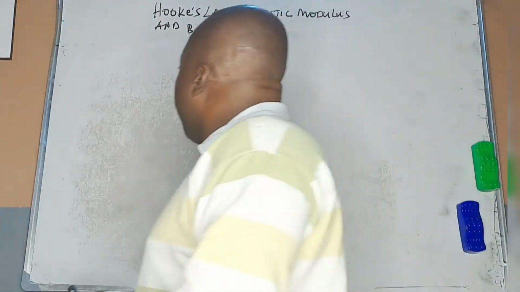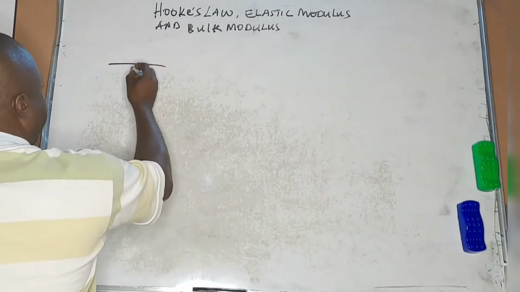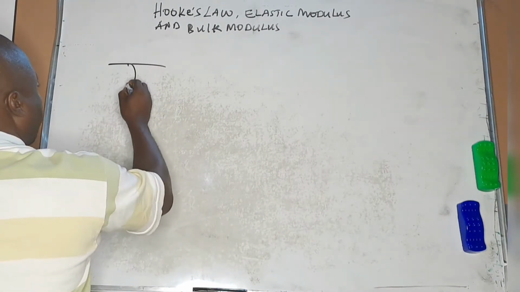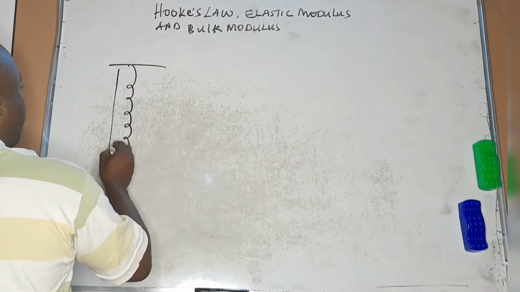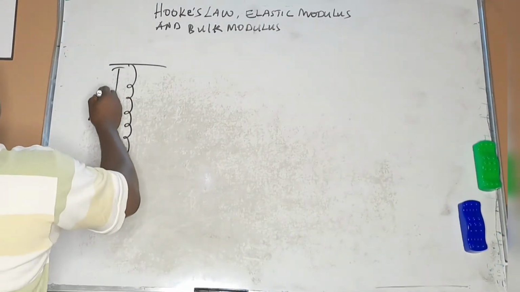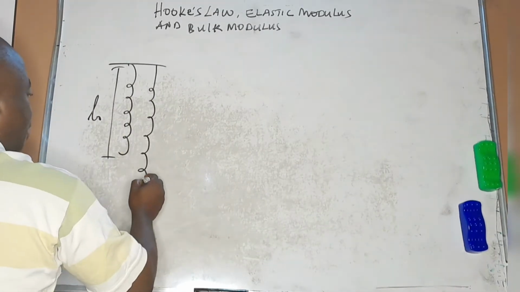Now, if you have, for instance, an elastic material, for instance, a spring, fastened to a point, let the initial length of the spring be L0. Now you apply a force to the spring.